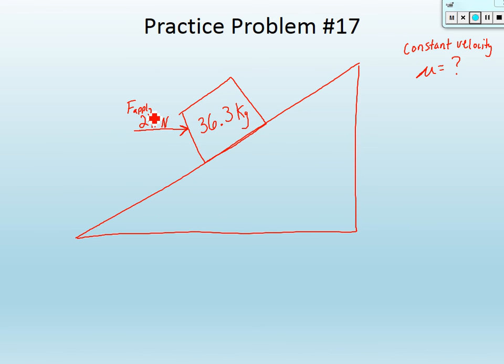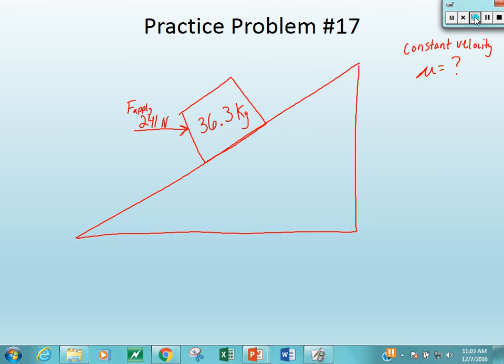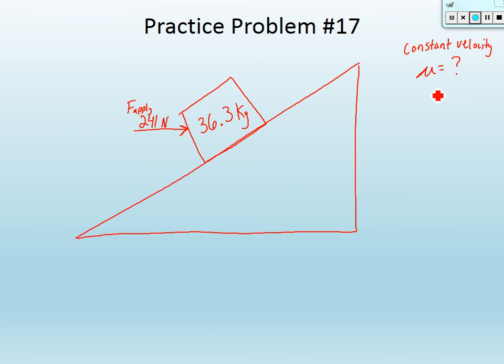See if you can solve for the coefficient of friction between the couch and that ramp. I'll give you some time. Once you've tried it on your own, and you've got as far as you can get, maybe all the way to the end, then hit play and see if you got it right. Okay, let's see how far you got, and see if we can figure this problem out.